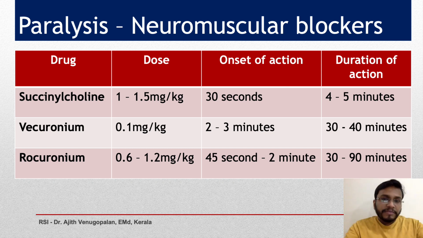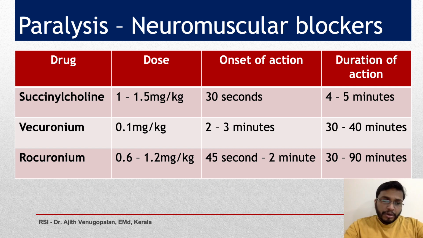The concern that we have is, once you have given a paralytic agent and you go into a situation where you can't intubate, then the challenge comes that you have to ventilate the patient somehow. With succinylcholine, the advantage is its complete duration of action is just 4 to 5 minutes.